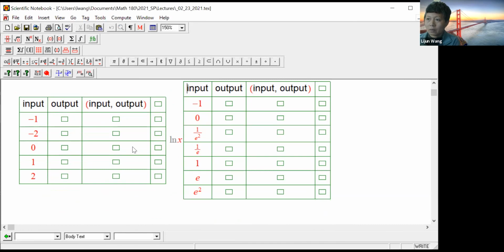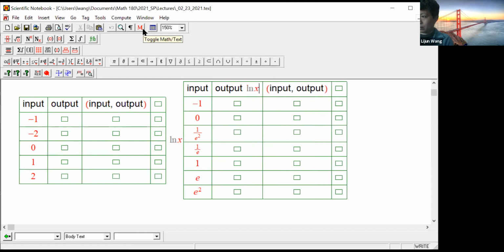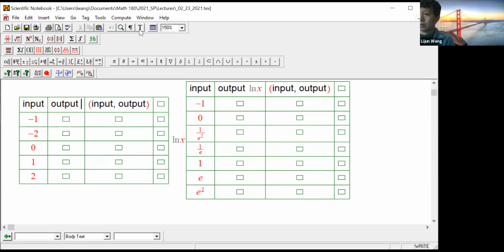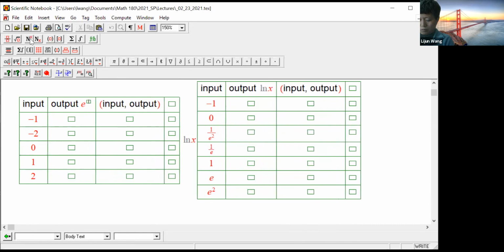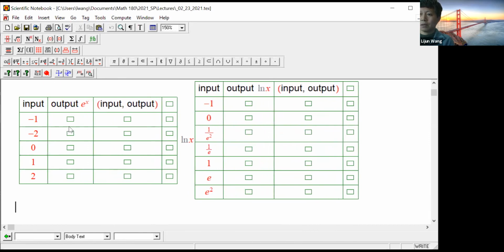Okay, that's your homework. You're going to fill up all the outputs, points. And I also want you to compare the way I did it here with what we did with 2 to the power x and log base 2 of x. Do a comparison.